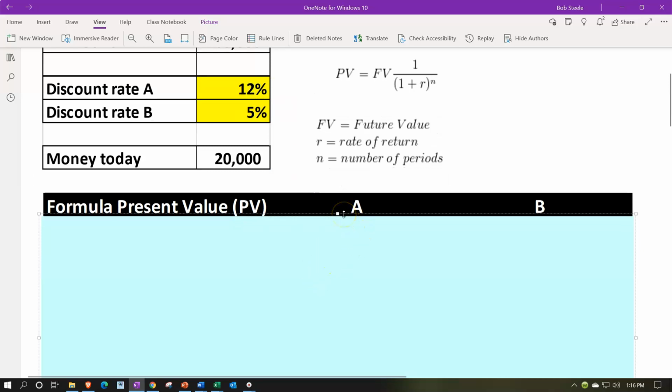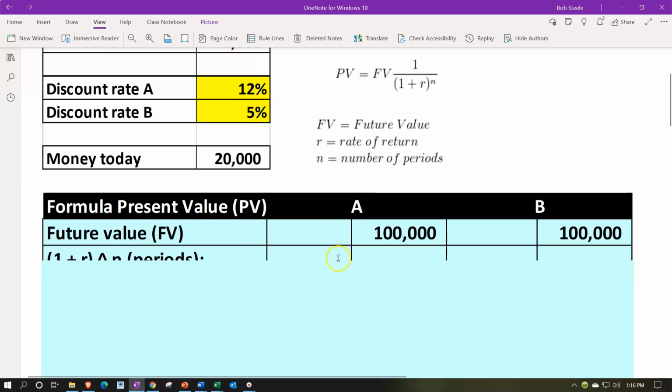So if we break this calculation, I'm going to break it down into like a table type of format. Useful tool to use. We basically want the numerator and the denominator in the far right column, and then any other kind of calculations I need, like this bottom calculation, I'll pull into the inner column. So for example, for A and B scenario, we have the 100,000, 100,000. That's going to be the future value, same for each.